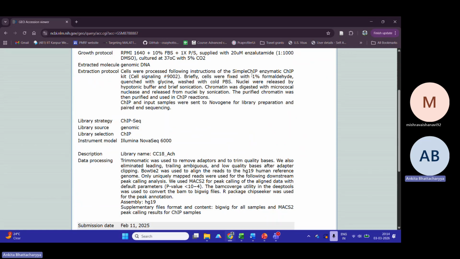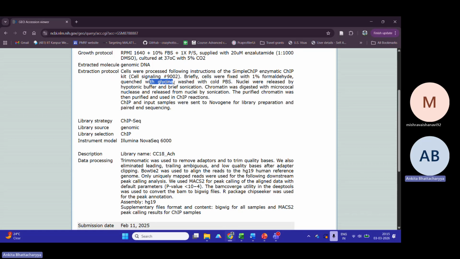The extraction protocol is also given in most cases. Here you'll see cells are fixed with 1% formaldehyde, quenched with glycine. This is another step that is usually not something you'll find in flowchart-based protocols, but in an actual lab protocol, formaldehyde can keep continuing the cross-linking reaction, so you add glycine to quench its activity, and then wash with cold PBS, release nuclei by the buffer, and perform sonication.